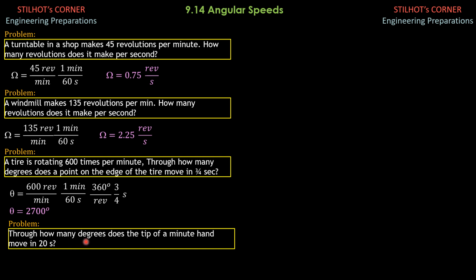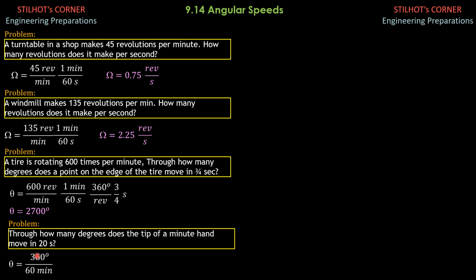For the next problem, through how many degrees does the tip of a minute hand move in 20 seconds? Take note that the minute hand rotates one revolution per hour, or 30 degrees per 5 minutes. So it's the same as theta equals 360 degrees per 60 minutes. The minute hand rotates one revolution in 60 minutes, and one revolution corresponds to 360 degrees.